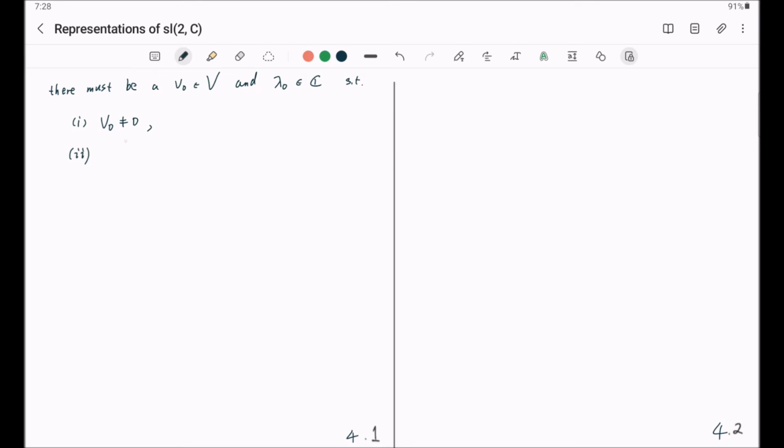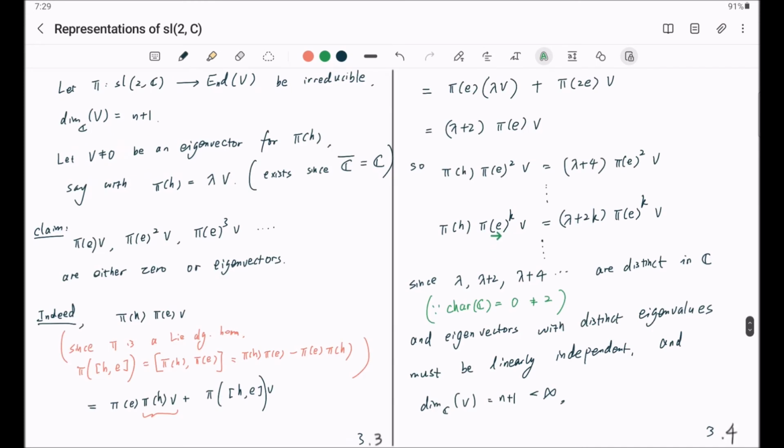Number 2, pi of h applied to v naught is lambda naught times v naught. And number 3, pi of e applied to v naught is 0. Do you see why this v naught exists? This v naught can be taken as the last pi of e raised to the power k applied to v that is non-zero.